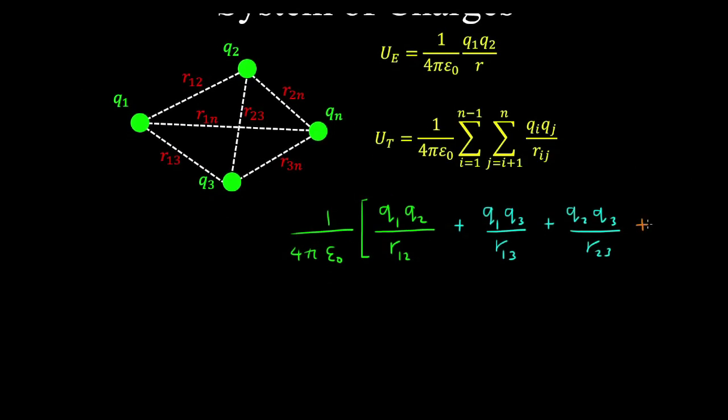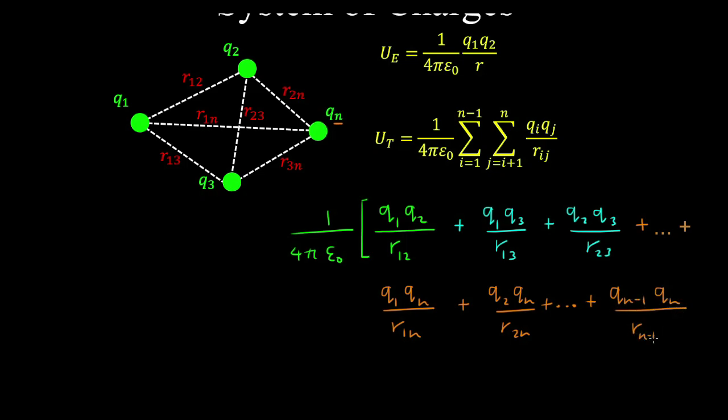If you continue this process by bringing charge N into the electric field of the previous charges, then we have Qn interacting with Q1, and charge N also interacts with charge 2, and so on up to Qn minus 1. This result, being the total potential energy of the system, is given by this sum.